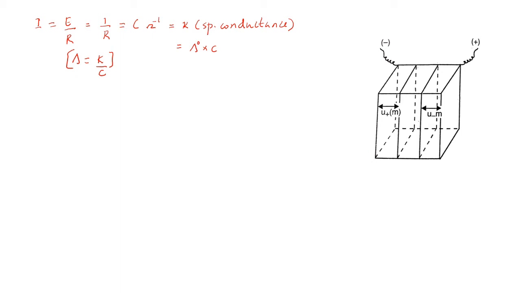Then we know at infinite dilution, the equivalent conductance will be the sum of the ionic equivalent conductances according to Kohlrausch's law. So that is lambda 0 cation plus lambda 0 anion, that into C. That is according to Kohlrausch's law.